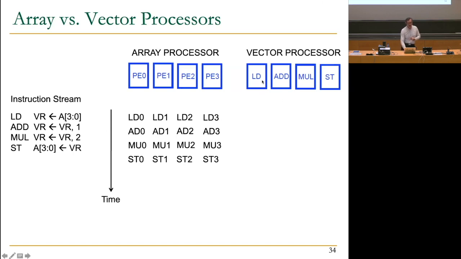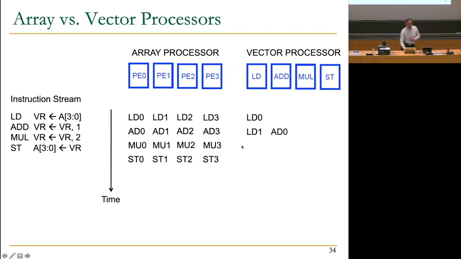Vector processor is frugal, as I said. Processing elements are simpler. You have only one load element, one processing element that can do add, one processing element that can do multiply, and one processing element that can do stores. So you don't have this luxury, if you will. So you have to perform consecutive operations on consecutive elements in time, right? So in the first cycle, you start loading the first element from address A to the vector register 0th element.